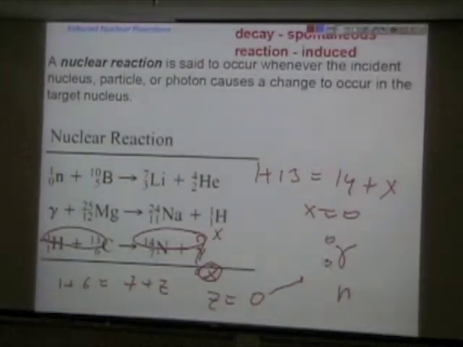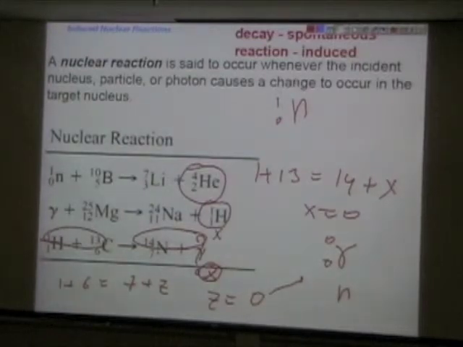It's a photon. If you had 1, 0, that would give you a neutron. 1, 1 gives you a proton. 2, 4 gives you helium, or alpha particle. We'll talk about alpha, gamma, beta very soon.